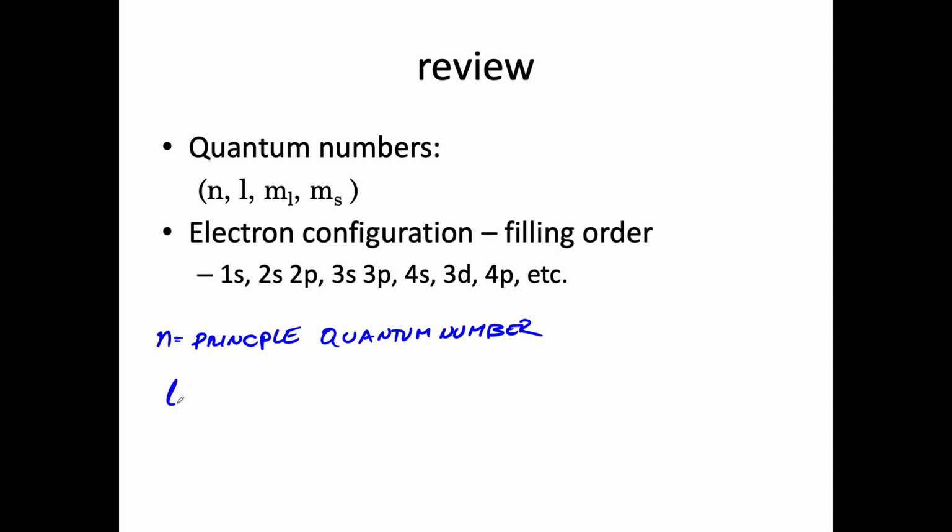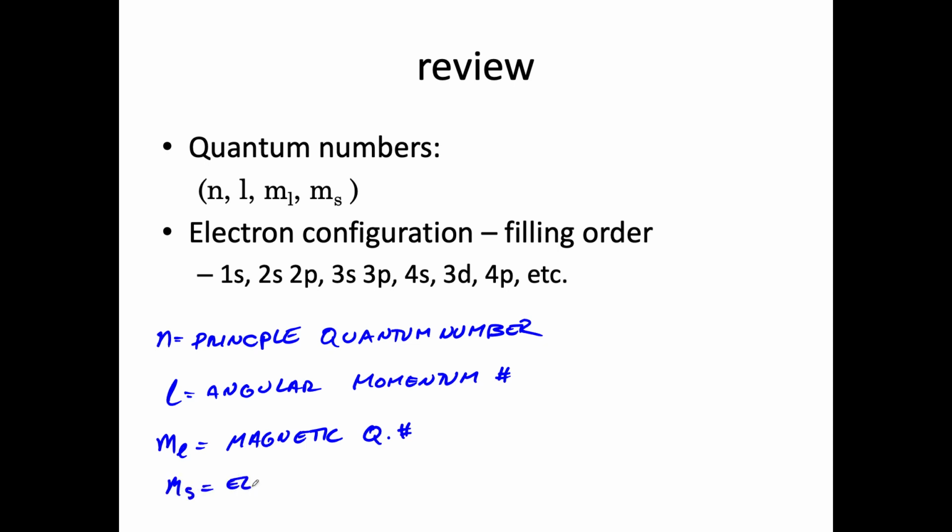Then we have l, the angular momentum number. Then we have m sub l, which is the magnetic quantum number, or the magnetic moment. And m sub s is the electron spin.